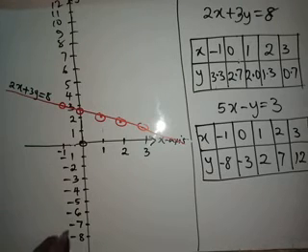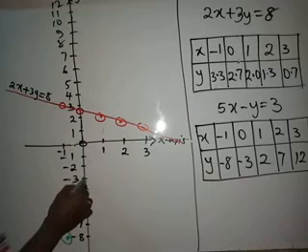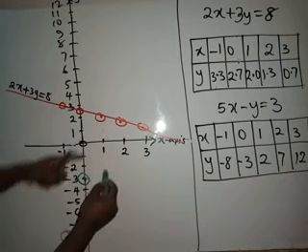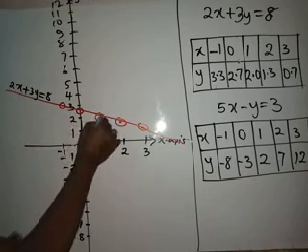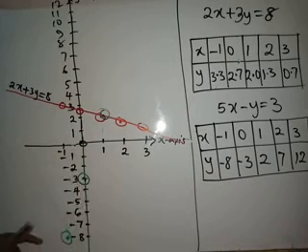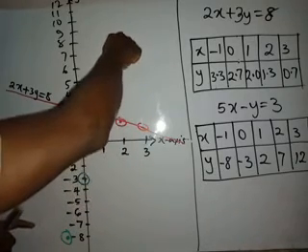So that one is somewhere down here. And when x is 0, y is minus 3. Everybody should be able to do this one. This one is easy. When x is 1, y is 2. Somewhere here. And when x is 2, y is 7. Coming up somewhere here.